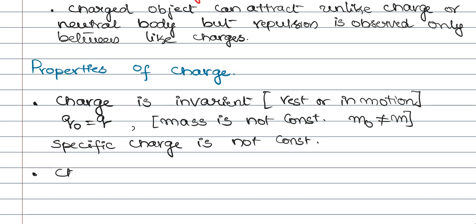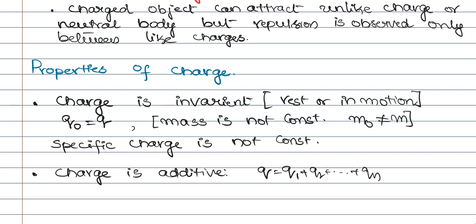And the next point is that charge is additive. That means in a given system, if you have more number of charges, the total charge of the system, as it is a scalar, you can add all those charges.